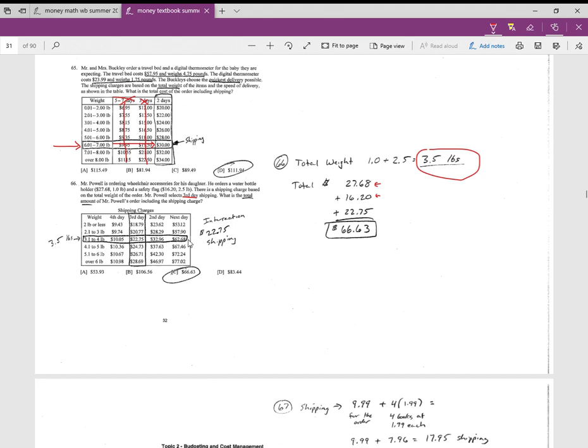I box those, the choices for between 3 and 4 pounds. But then he said he's going to choose 3rd day air, so that's all the possible 3rd day air charges. Where they intersect is right here: $22.75 is the 3rd cost. So the cost of the water bottle holder, cost of the flag, cost of the shipping, add them up, $66.63.